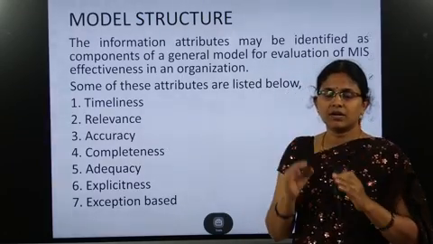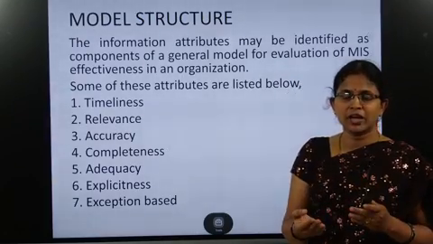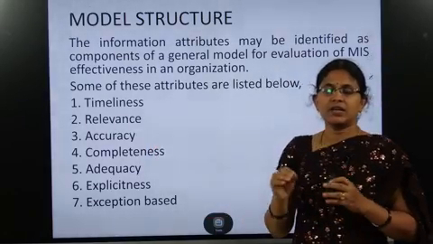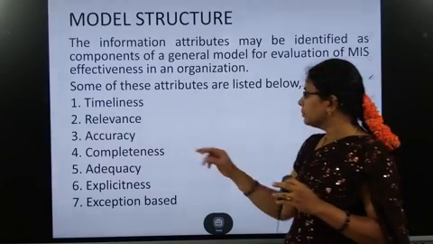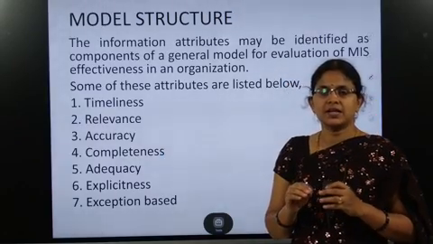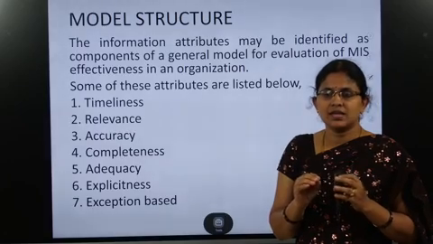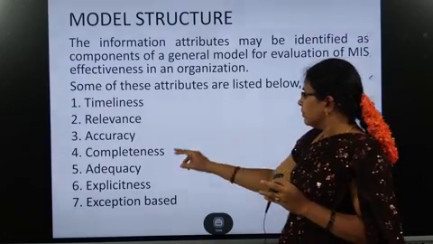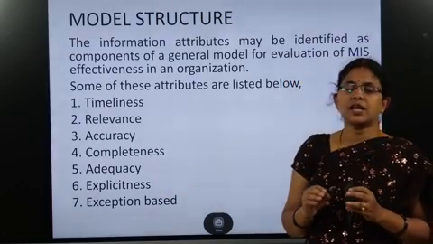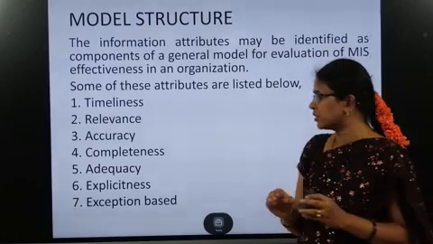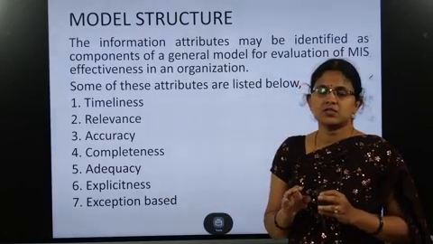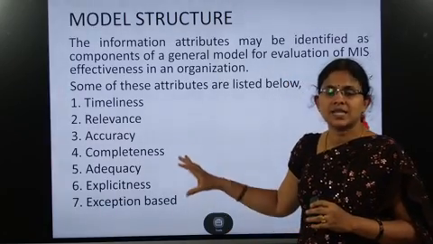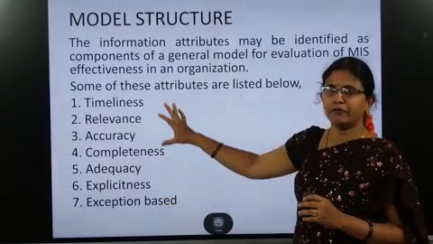Relevance, whether the things we included in the new system are related to the product or not. Accuracy, whether it is giving proper results or not. Completeness, whether the system is complete or anything is lagging. Adequacy, it means an adequate number of resources are there or not. Explicitness, it means it is not excluded by any. And exception based. These are the 7 main things that you have to include in product based evaluation.